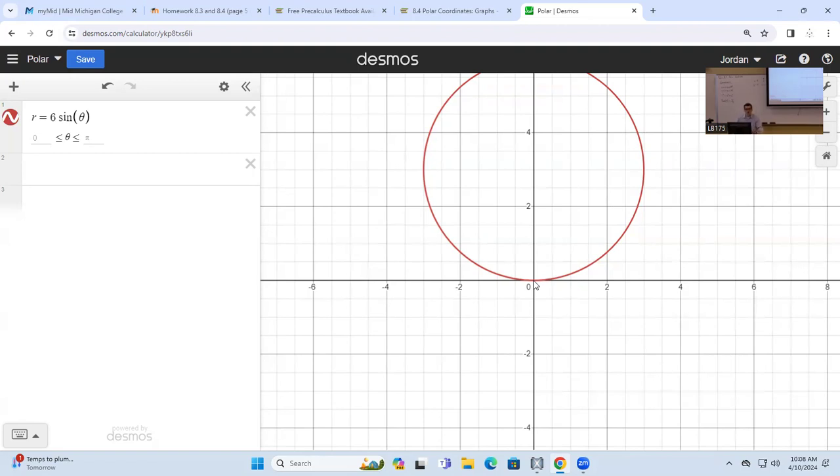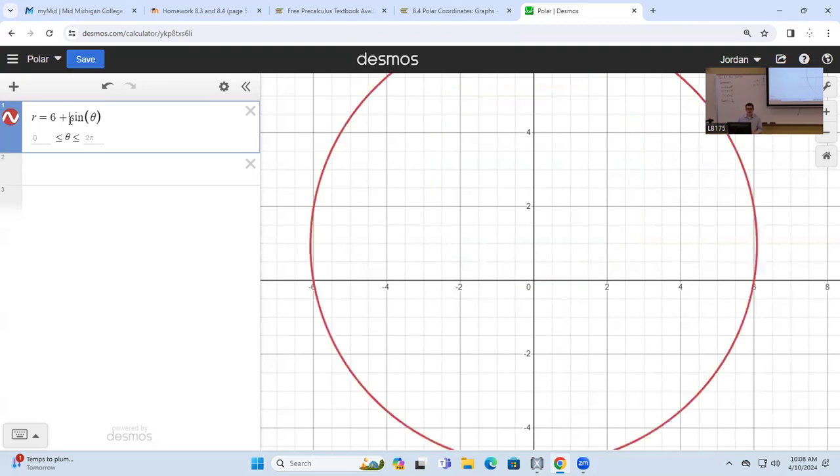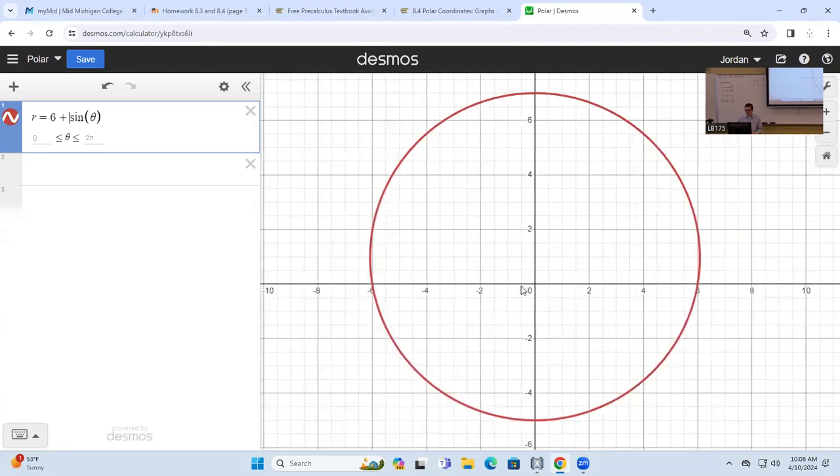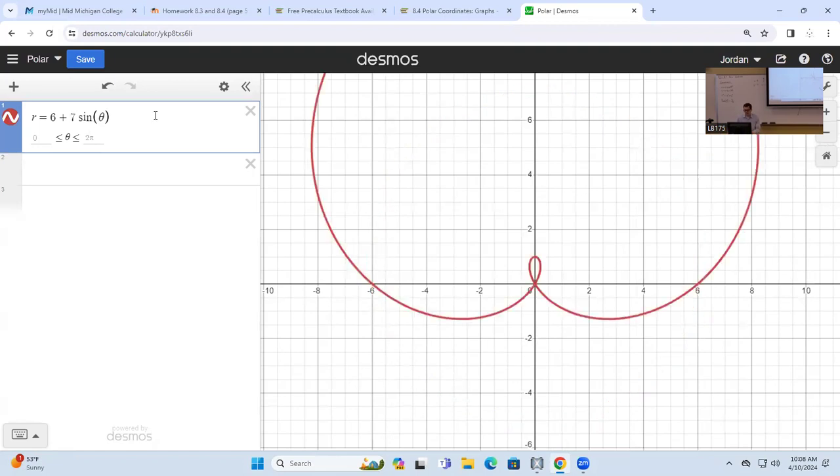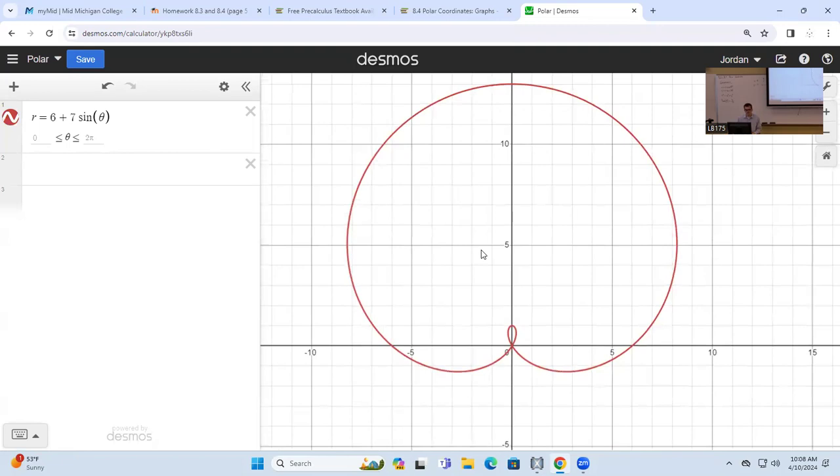Okay. What are some other types of things we can do? Well, what if we have 6 plus 7 sine of theta? Well, that's different, isn't it? 6 plus 7 sine of theta gives us this shape.